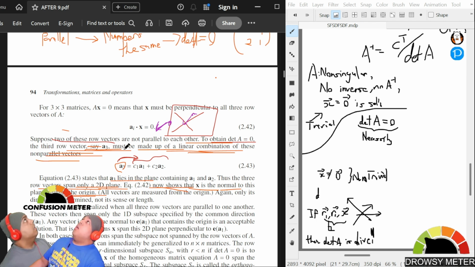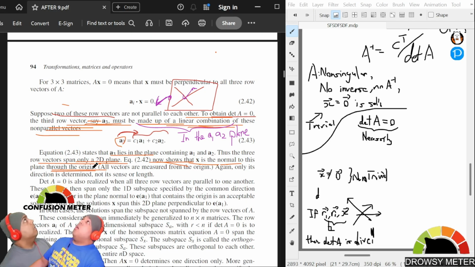Let me write this down. It must be in the A1, A2 plane. This equation states that A3 lies in the plane. Thus the three row vectors span only a 2D plane.